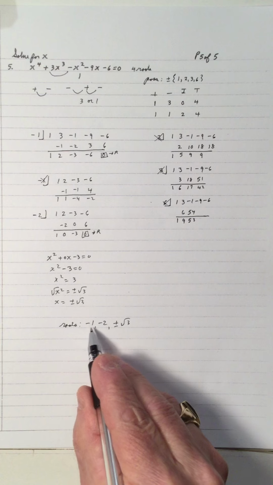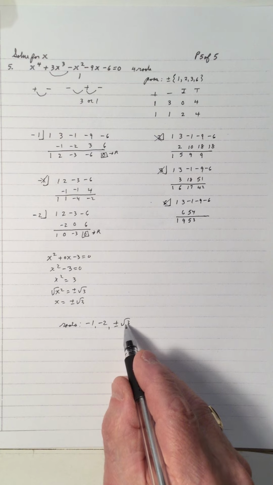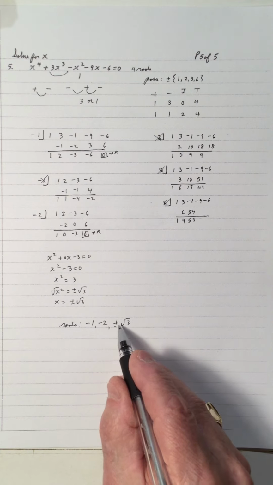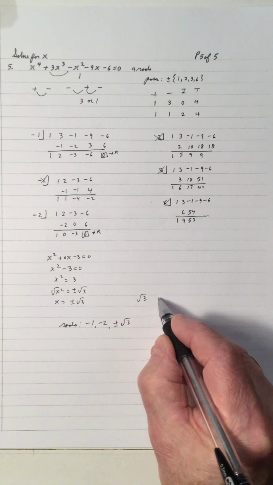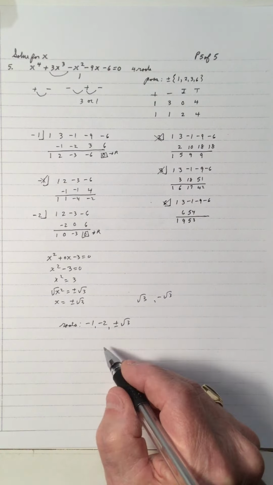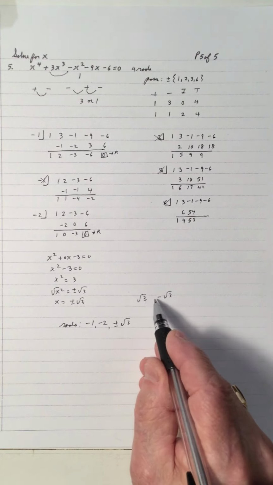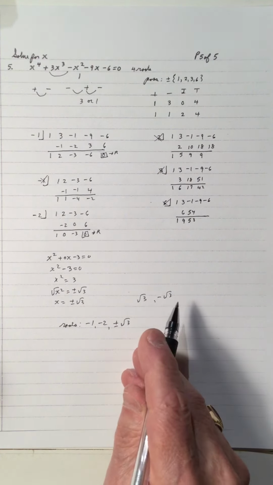Notice root 3 is an irrational root, around 1.7. So root 3 is positive, and the negative root 3 is negative. So there's 3 negative roots and 1 positive. So you couldn't get this irrational root here until you worked it down to the quadratic.